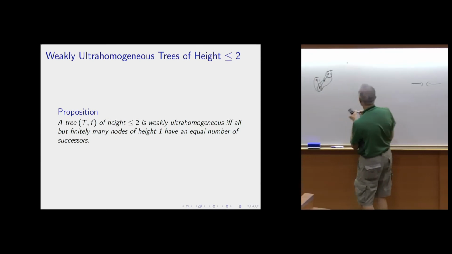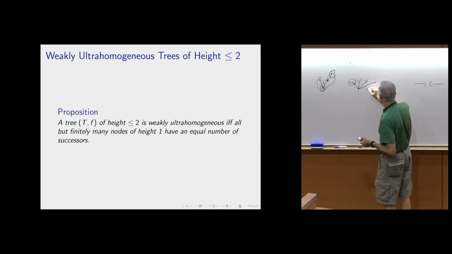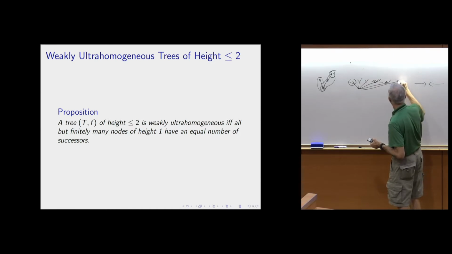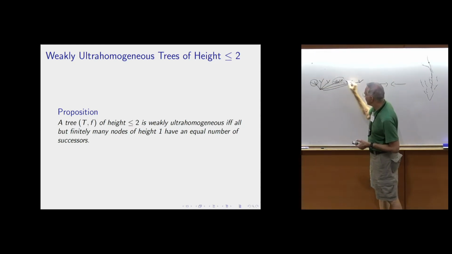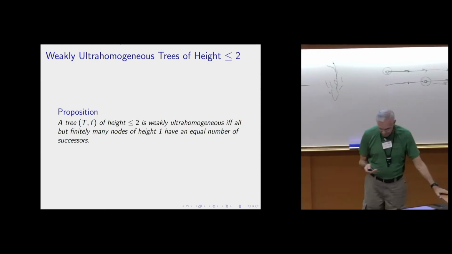Let's say mostly they have 2 extensions, but then you have a few that are different. This might have omega, but mostly they should all have 2. If they almost all have 2 extensions, with just a few exceptional ones that have a different number, then that's going to be weakly ultrahomogeneous.